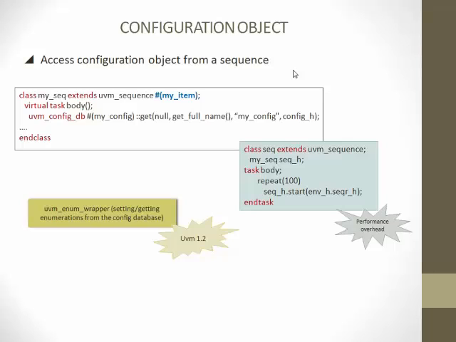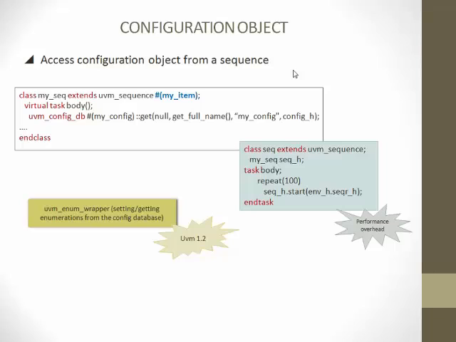It can only become a part of your test bench hierarchy through the sequencer. So when you use get full name, it will get the hierarchical path of this corresponding sequence, with respect to your sequencer. So it will go and fetch the configuration object from the sequencer hierarchical path. This is one thing which you have to remember while getting within the sequences.